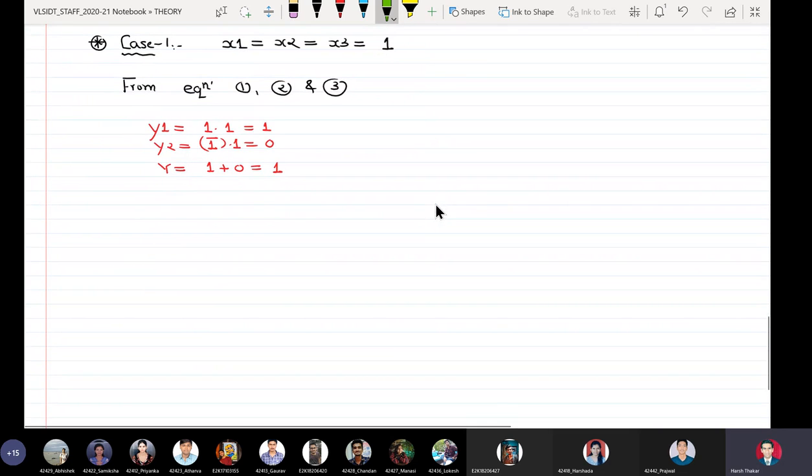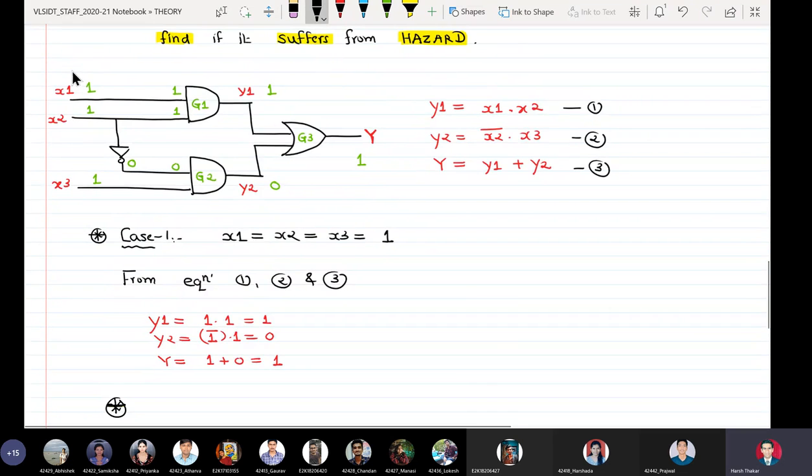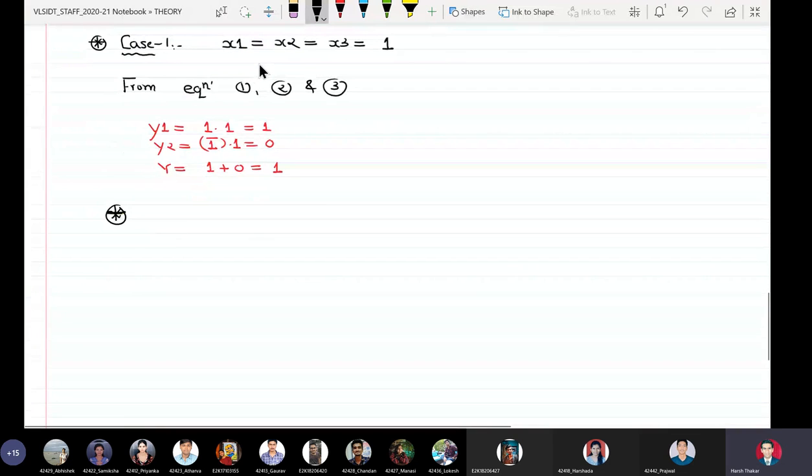Now we take case number 2. In case 2, the input x2 changes from 1 to 0.